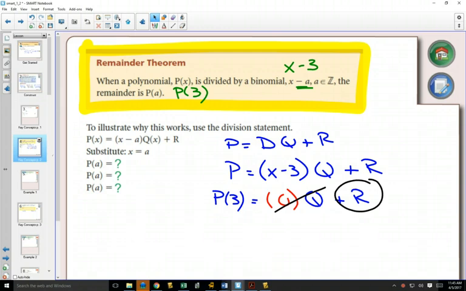In some cases, it might be easier to use synthetic division to find the remainder than the remainder theorem. In other cases, it might be better to use the remainder theorem. So we'll see some of that come up. It's important that you understand both of them, synthetic division that can get you your remainder, or the remainder theorem by just plugging in a value to get it, because there will be specific questions where one method is easier than another.